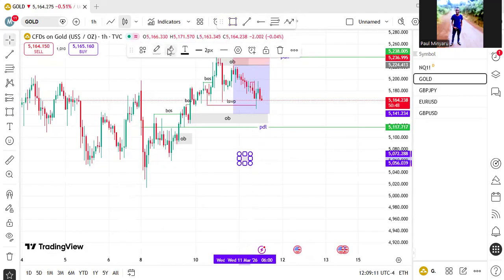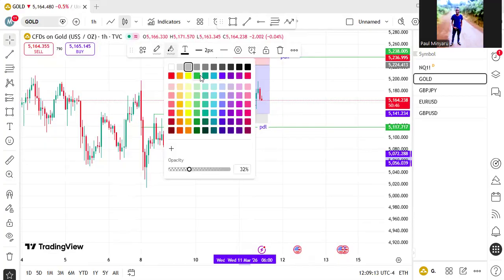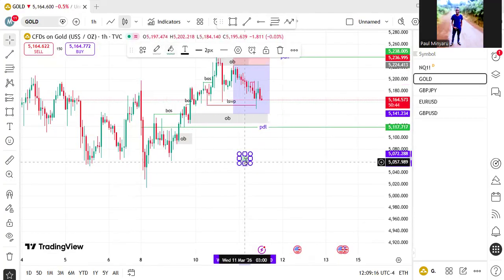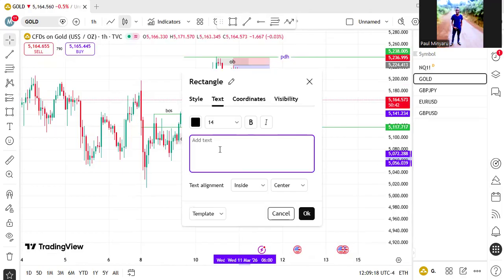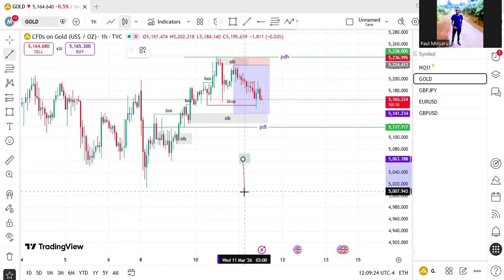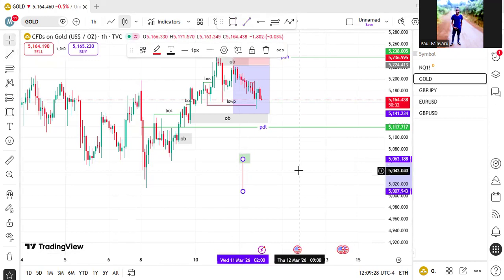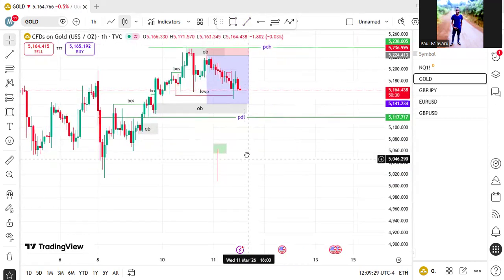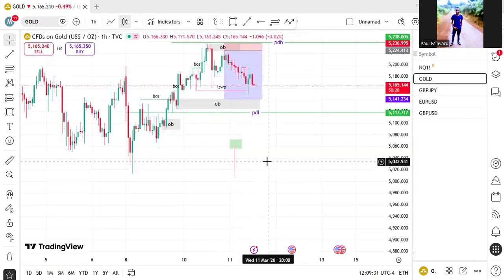Let it be a bullish hammer. So this is a bullish hammer. So that is it. This is how a bullish hammer looks like.